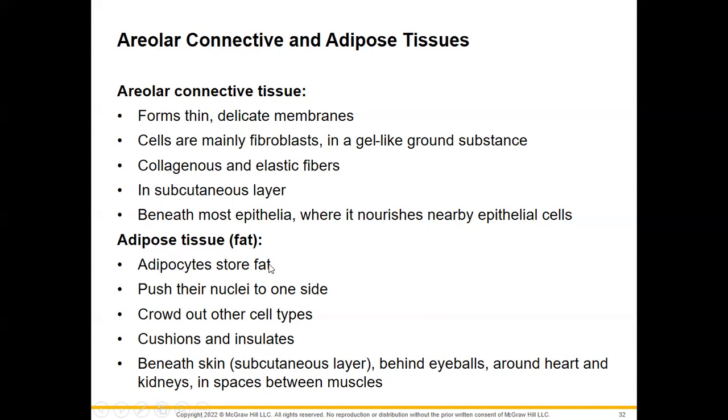So when these cells get more and more fat inside their cytoplasm, what's going to happen is it's going to push the nucleus of that cell to one side. That's going to give adipose tissue its unique signature look. Under the microscope, it will look like a cell that looks empty.